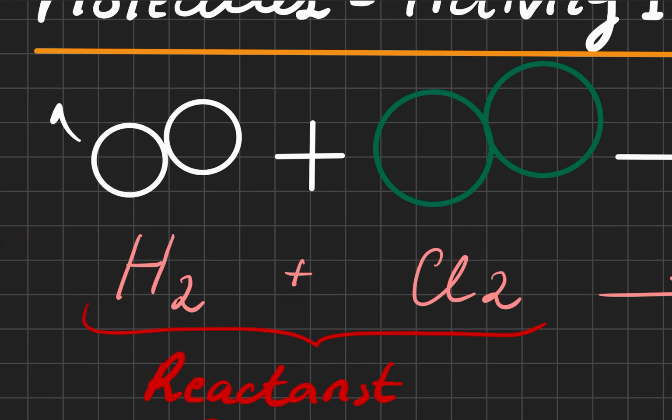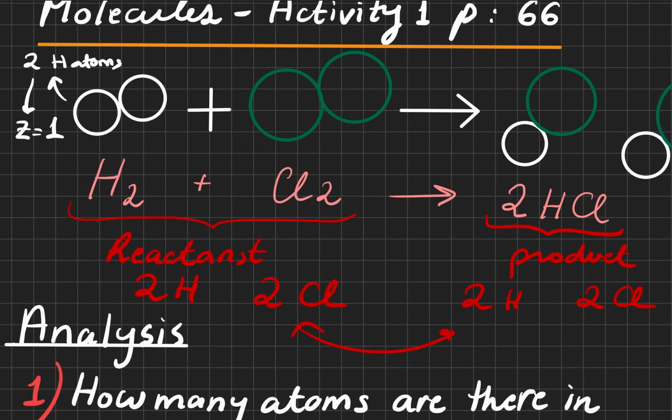That's so much bigger than the hydrogen atom, which contains only one proton and one electron. Okay? So, back here. There's a difference actually. Even though both molecules contain two atoms, the atoms inside these molecules are different.